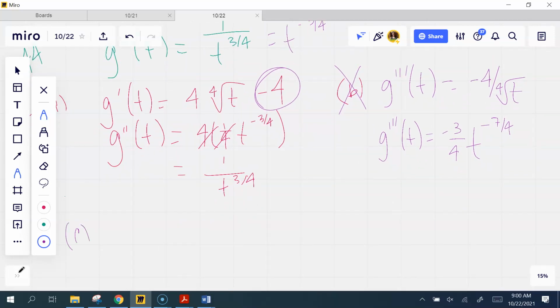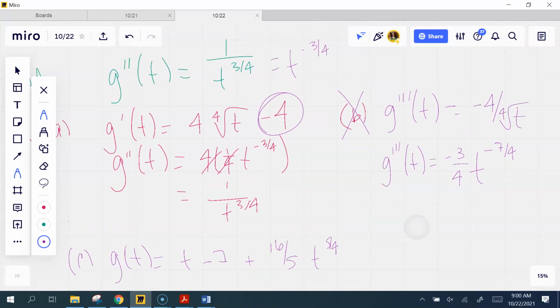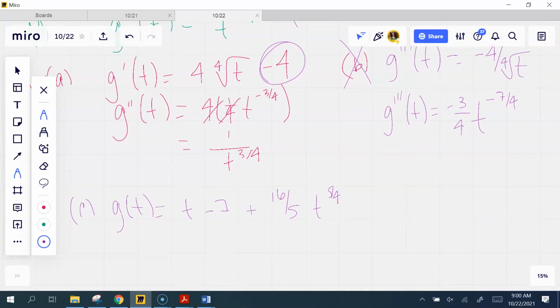Could the original function be t minus 7 plus 16/5 t to the 5/4? Well, we were given the second derivative, so let's find the first, and then from the first we'll find the second.